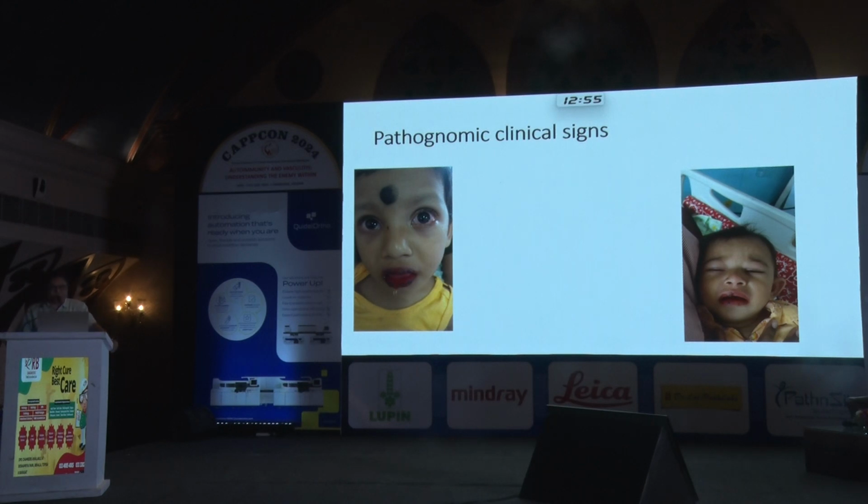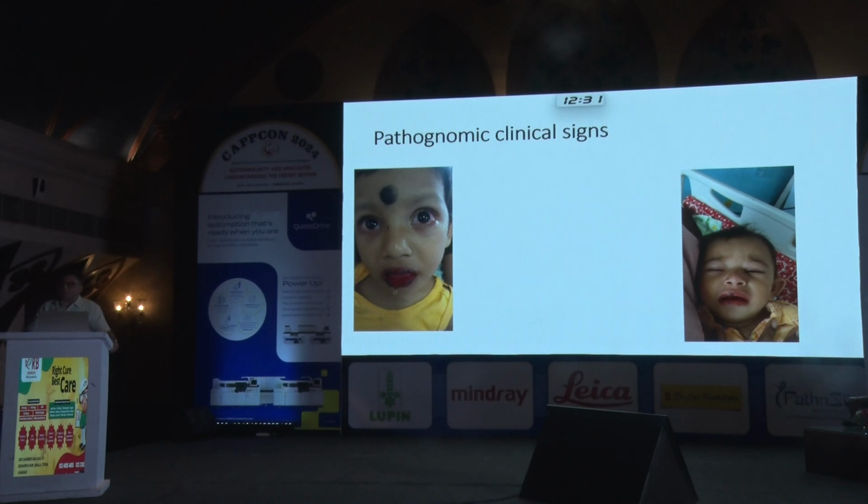A child presenting with fever, usually a young child, 2 years, 3 years, usually not more than 5 years. There can be reports of Kawasaki disease in adolescents as well as in adults, but usually it's a disease of the young age group.